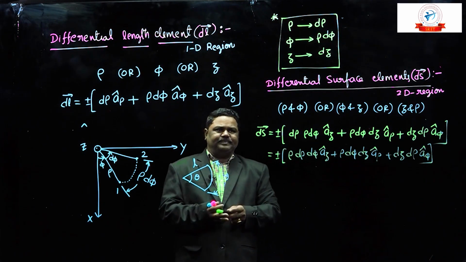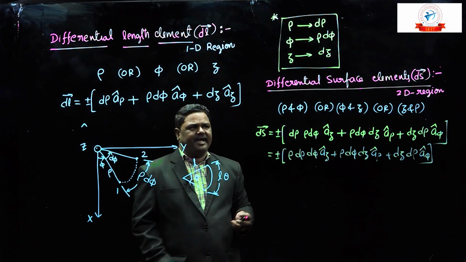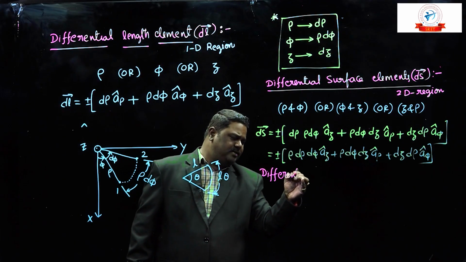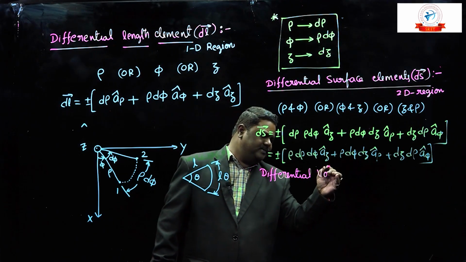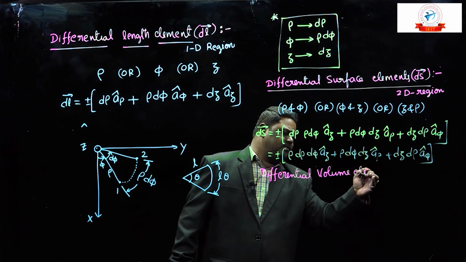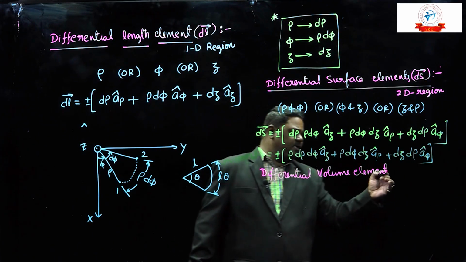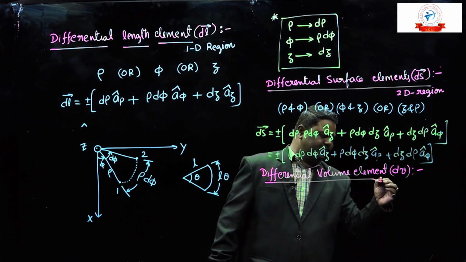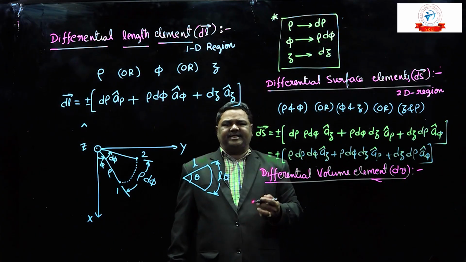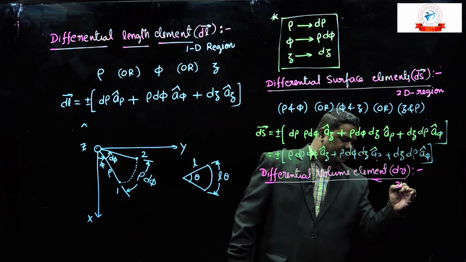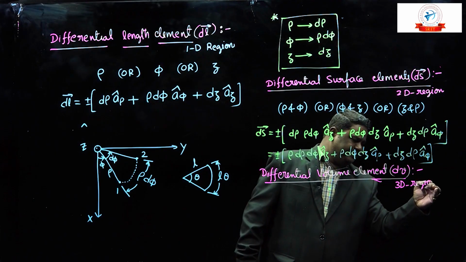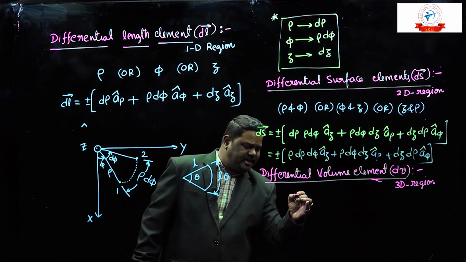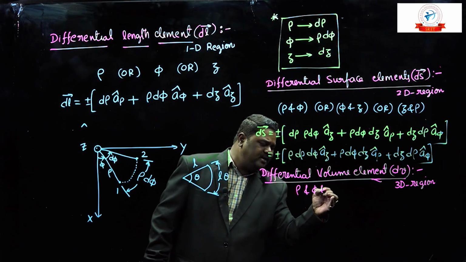Similarly, we need to know the differential volume element dV. You know that volume is a three-dimensional region, so it must be constructed with all three dimensions or all three coordinates: rho, phi and z.